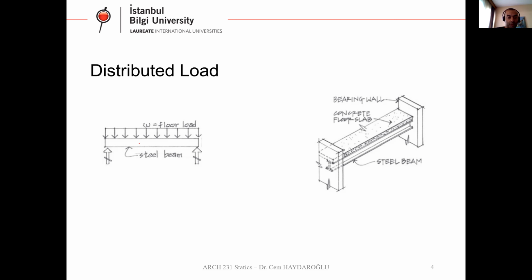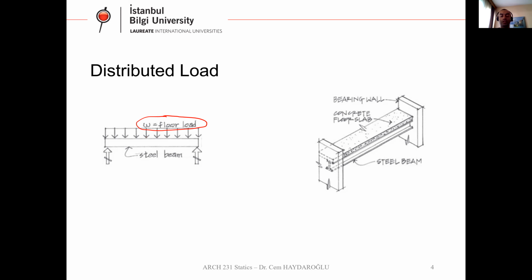How can we show it? You can see this is the steel beam. This floor load is, as you can see, because there is no change in the weight of the concrete here, that's why at each point of this beam, we have the same loading.